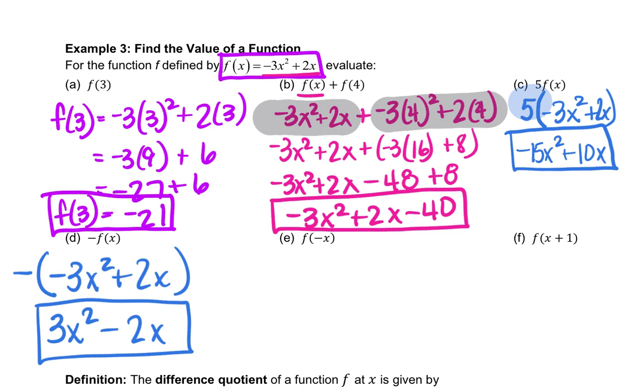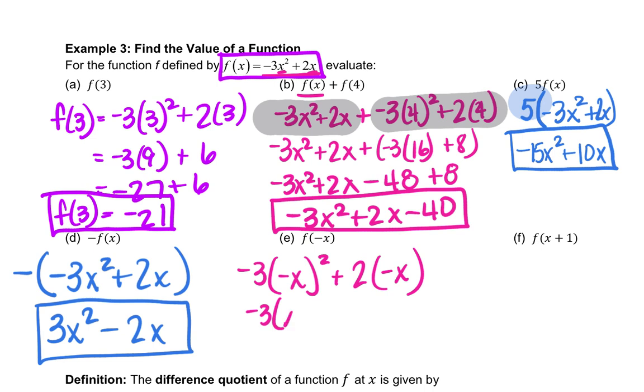All right, this time you're going to replace all the x's with negative x's. So we've got negative 3, negative x squared plus 2 times negative x. All I did is replace those x's up there with a negative x. So we've got negative 3 times, well, what is negative x squared?